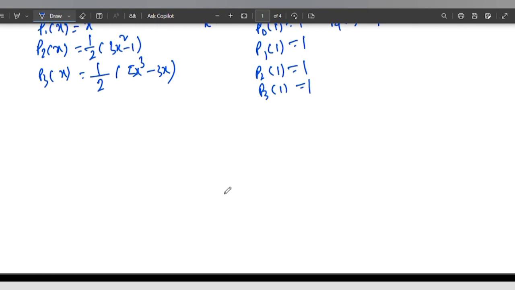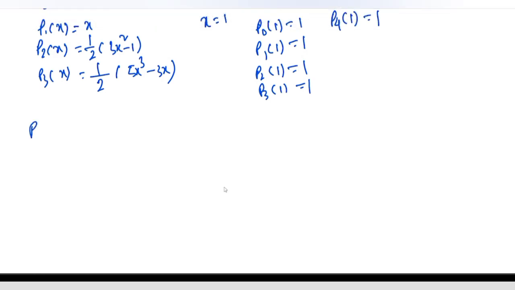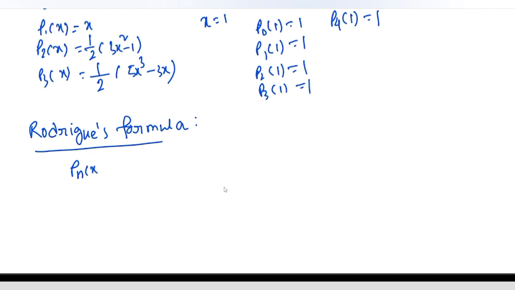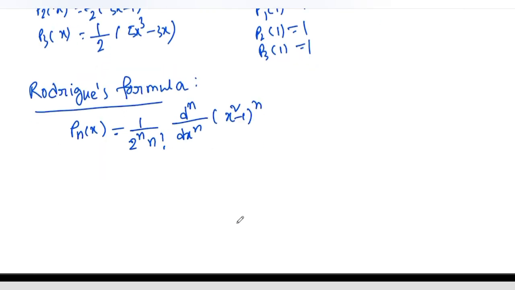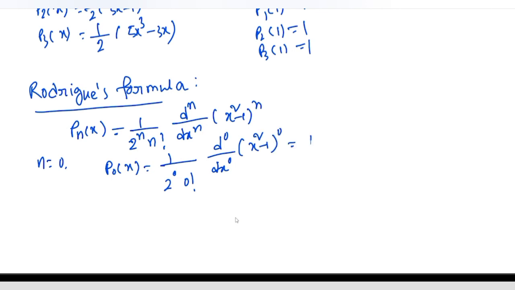The formula is called the Rodrigues formula. The formula is Pn of x equal to 1 over 2 to the n n factorial d^n/dx^n of (x squared minus 1) to the n. If we choose n equal to 0, then we get P0 of x equal to 1 over 0 factorial of d0 over dx0 of (x squared minus 1) to the 0, equal to 1.